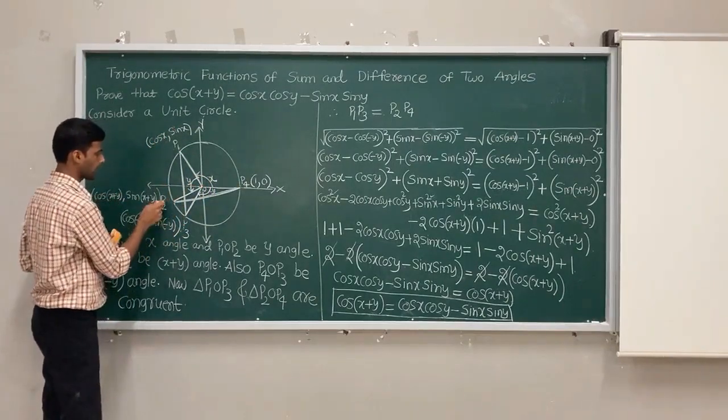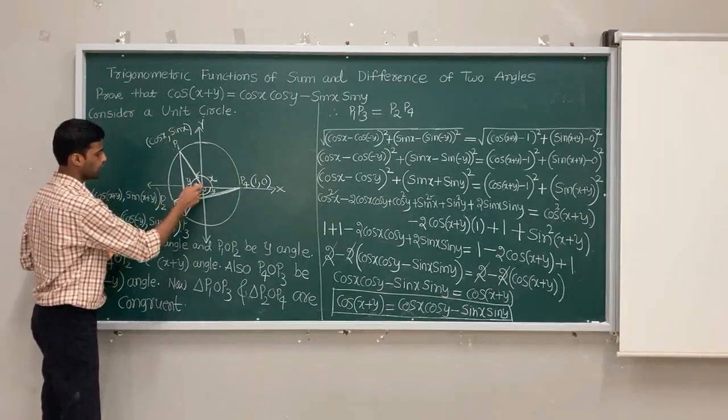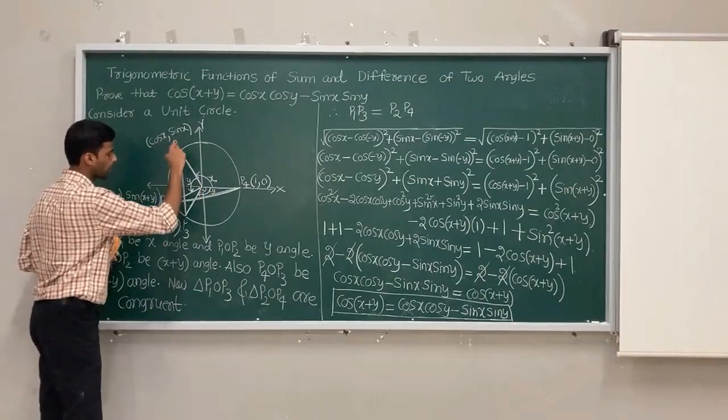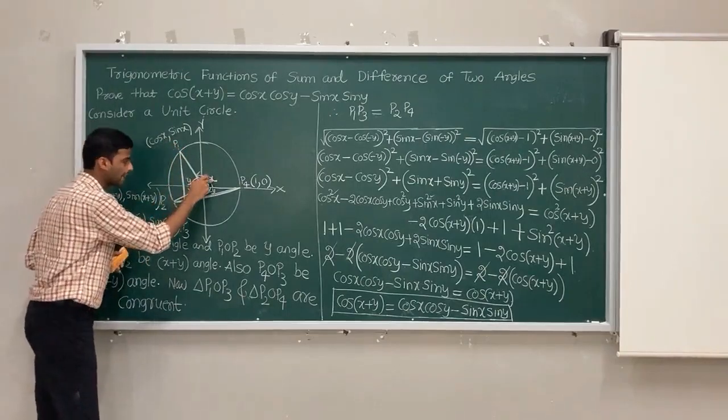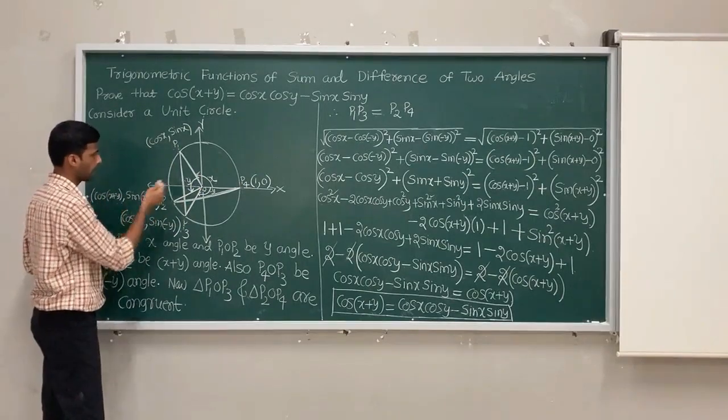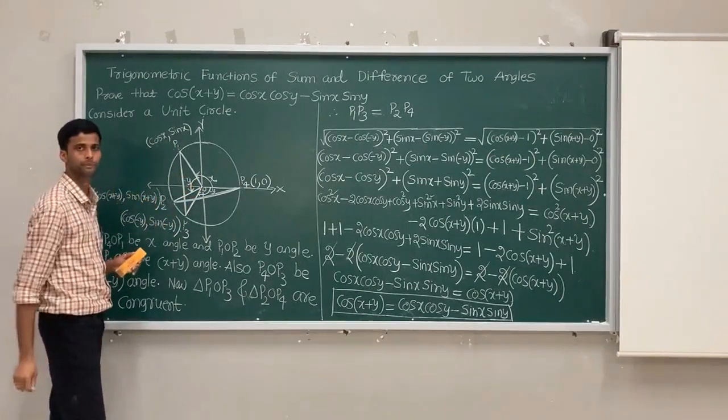The P4 O P2 coordinate is P2, as P4 O P2 is the addition of P4 O P1 plus P1 O P2. It is x plus y. Therefore, cos of x plus y, sin of x plus y.